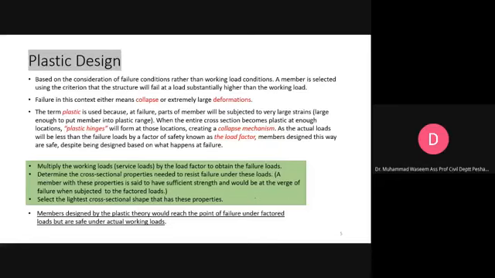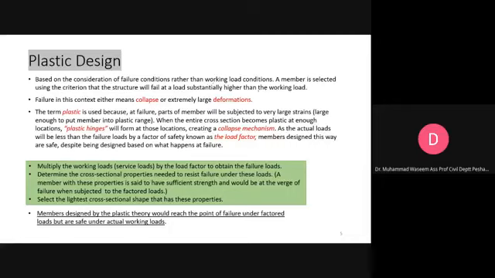Plastic design is based on consideration of the failure condition rather than the elastic load condition.